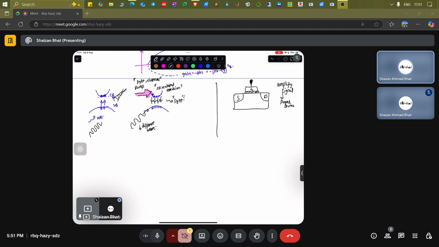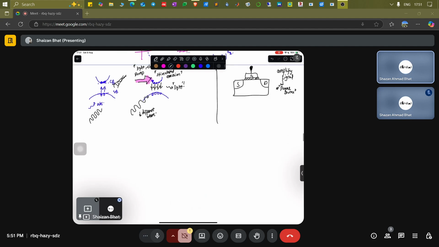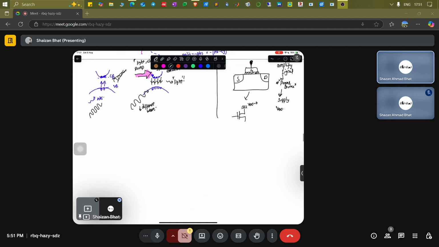You cannot just amplify the signal out of thin air. That power source is some supply, which you sometimes represent as VDD. If you draw this transistor like this, you connect here VDD, which is a DC power source, and then you connect your signal here, a sinusoidal AC signal, and you get the output at this terminal, which is an amplified version.